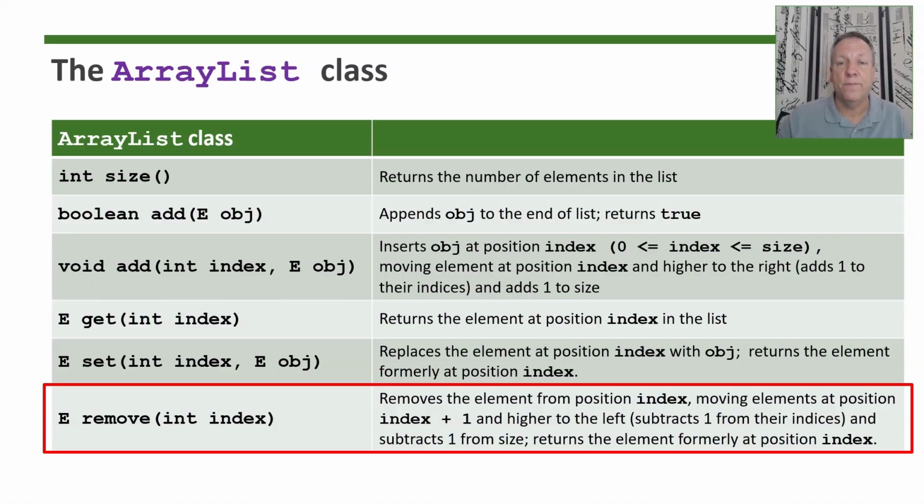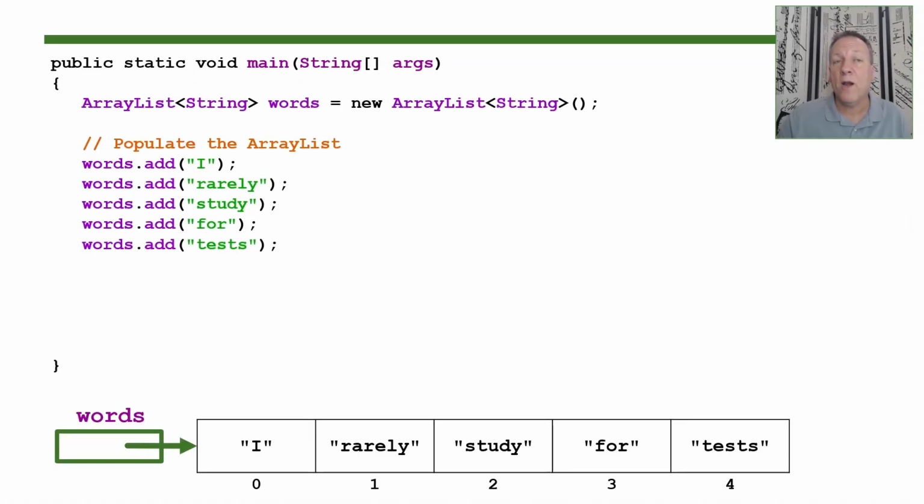Let's look at this in action. So again, here's my ArrayList with I rarely study for tests. And I don't like the use of the word rarely here. I think you should study for your test just to make sure that you're doing well. So let's delete the word rarely from our ArrayList. So I'm going to say words.remove(1) because rarely is in index 1.